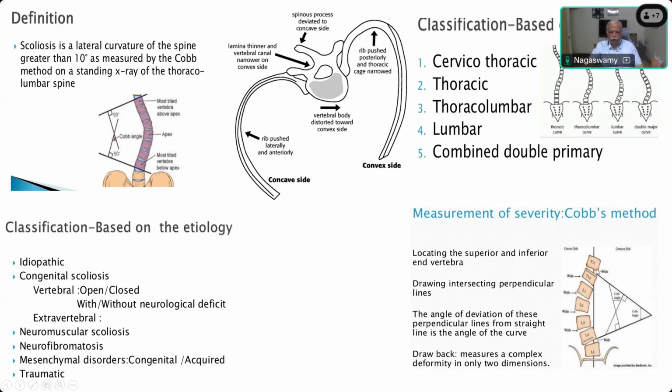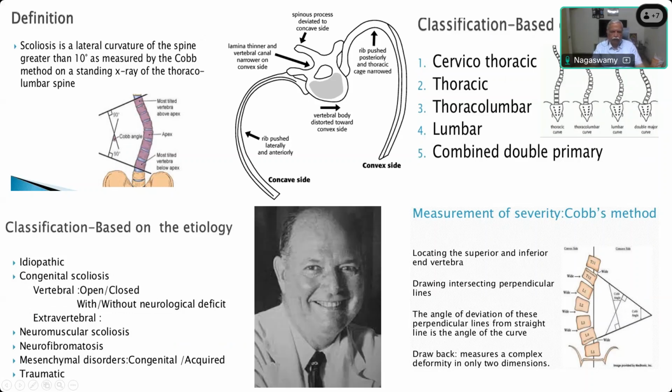So you can measure it directly by the intersection of the upper and lower lines, or draw perpendicular lines from the upper and lower line and make them cut and measure the Cobb angle. And the person who described this is John Robert Cobb.